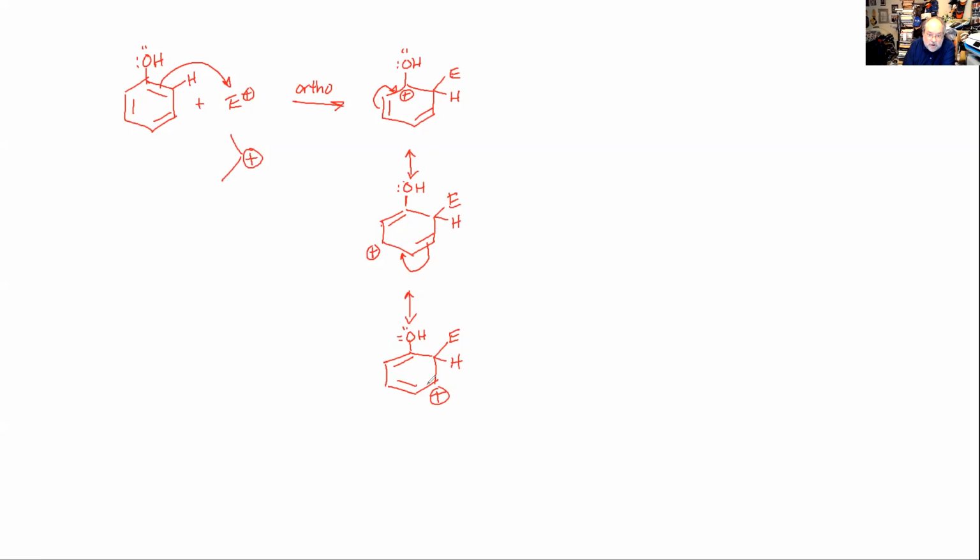We're writing the 3 resonance structures that we get, but then remember that the OH group in this case, or actually any atom that's attached to the benzene ring that has lone pairs on it, the reason that group was an ortho-para director is because there's a 4th resonance structure you can draw when you take this pair of electrons and move it down and then form the double bond to the oxygen.